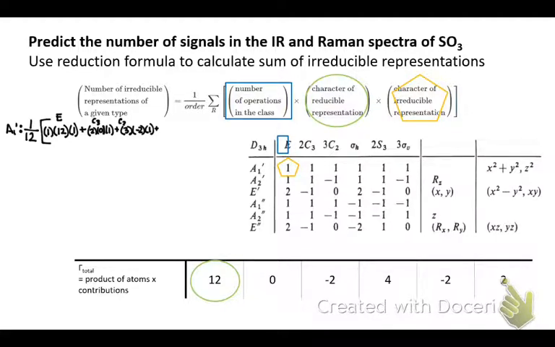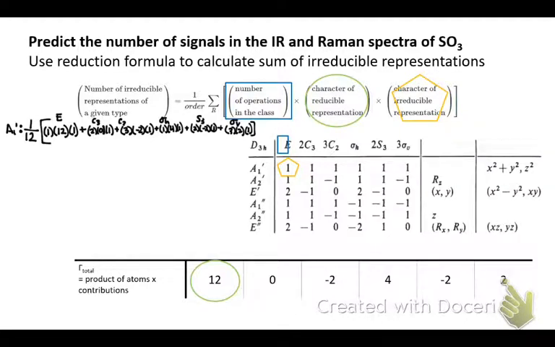Then we go to the sigma h, and we've got 1 times 4 times 1. And we're going to keep doing that. Next we're going to go to S3, and we've got 2 times -2 times 1. And now the last one, the sigma v, where we've got 3 times 2 times 1.